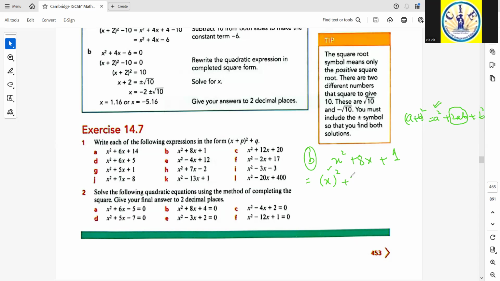So I'm going to take 2 times the first term, that is x. Now I need to think, what should I multiply this with so that I can get 8x? Obviously that number is 4. So we are done with the 2ab term. And then finally this is b squared. So b squared would be the same, because in this case I have figured out b to be 4.